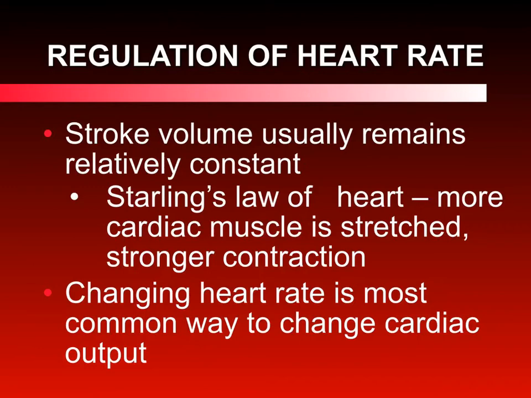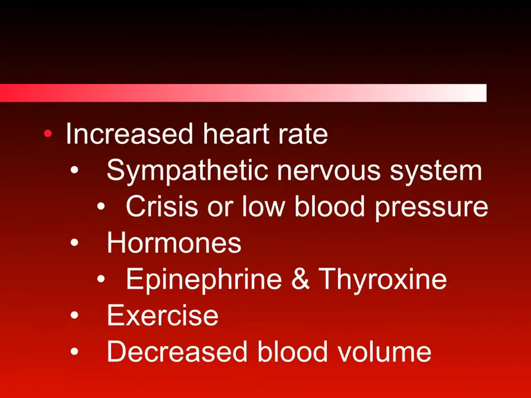So the only thing that you can really change is how fast the heart beats. The faster the heart beats, the more blood you pump out. The slower the heart beats, the less blood you pump out. This is what controls the cardiac output.